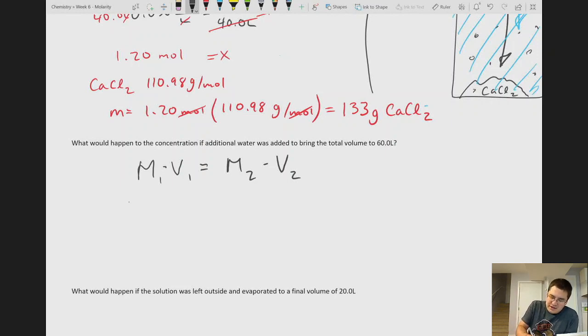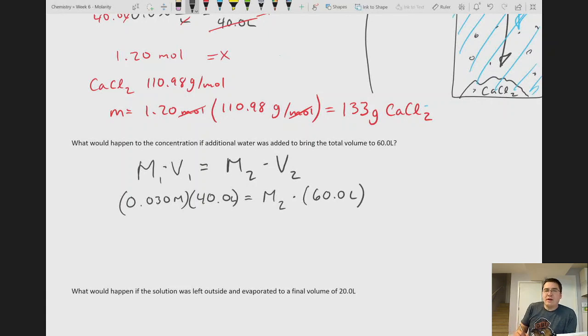So I'm just going to take the original molarity, the original volume, equals the new molarity, which is unknown, times the new volume. Okay, and so I only have one variable to solve for, so I would divide both sides by 60.